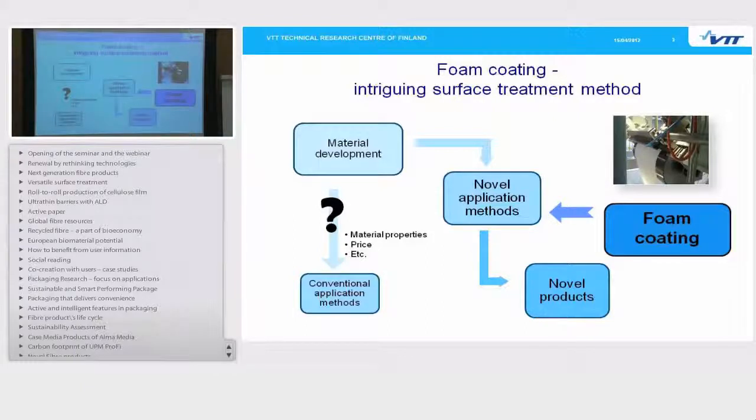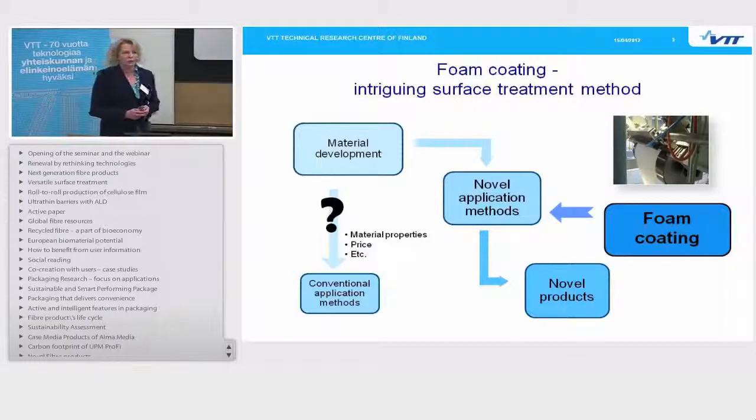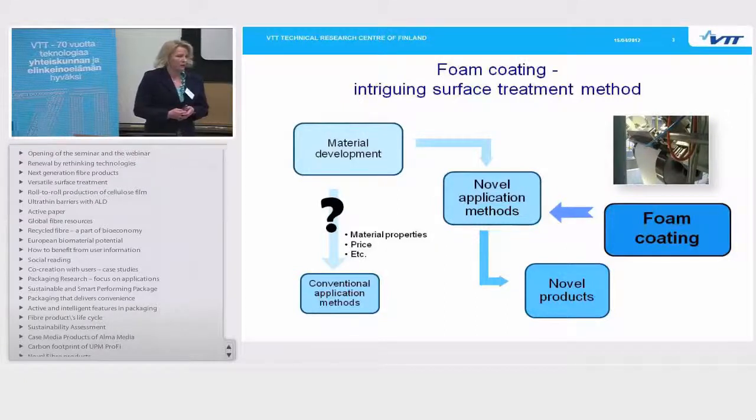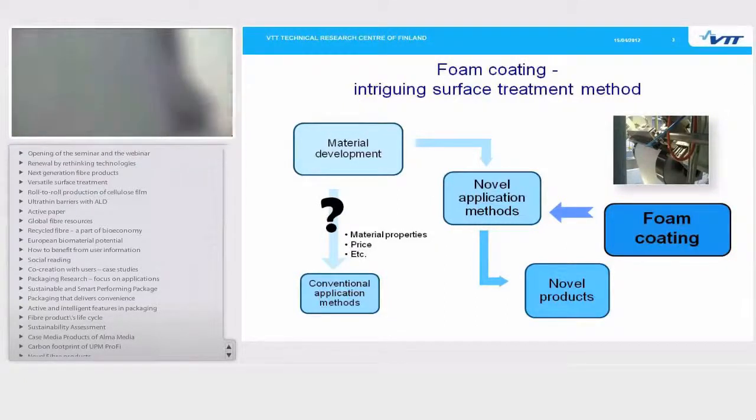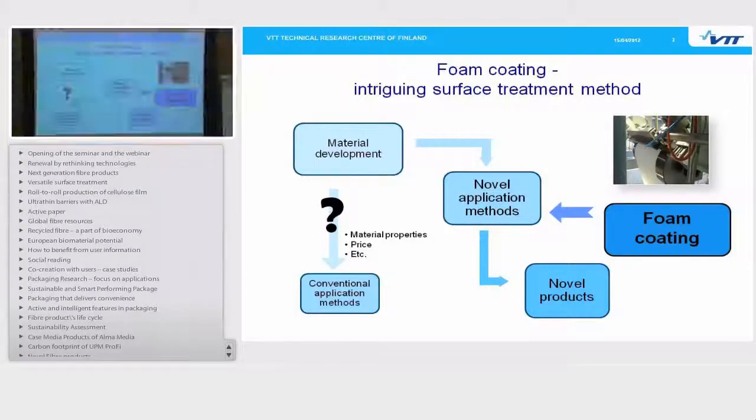So we now have exciting new materials, but how do we utilize them? How do we use them to develop new materials or products, or to enhance the existing ones? Conventional coating methods may be a question mark. The new materials may have challenging properties like high viscosity at low solid content, as with nanocellulose, or they can be very expensive ones.